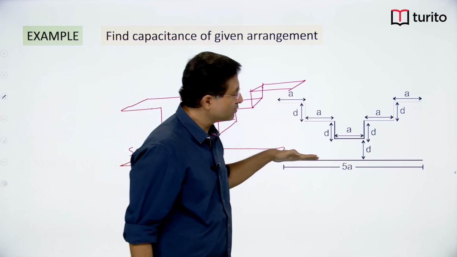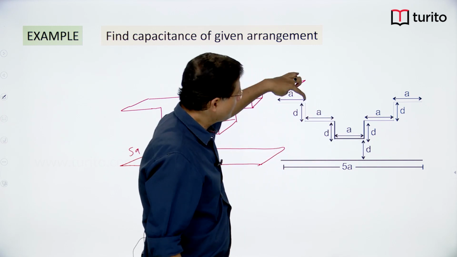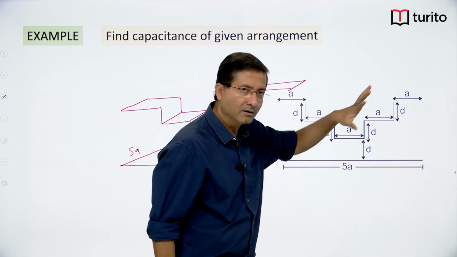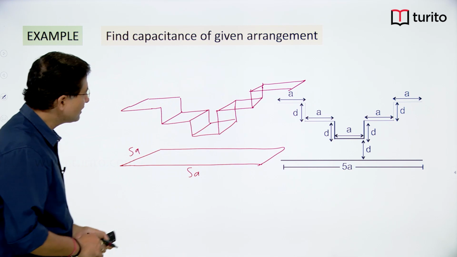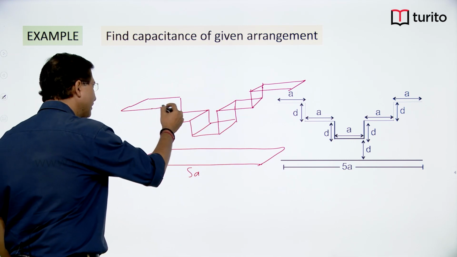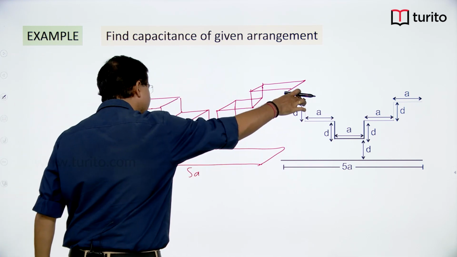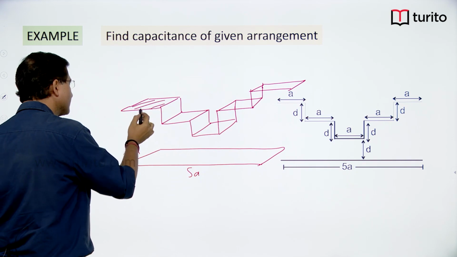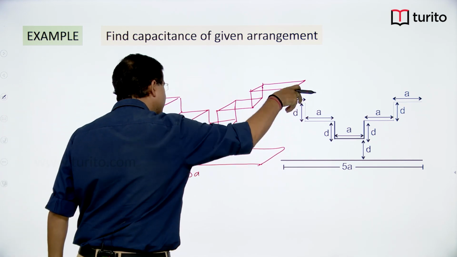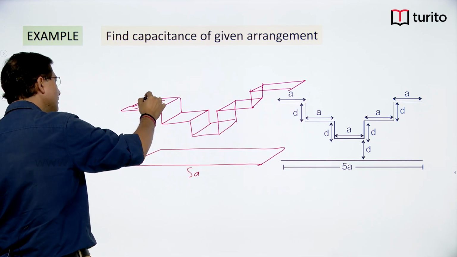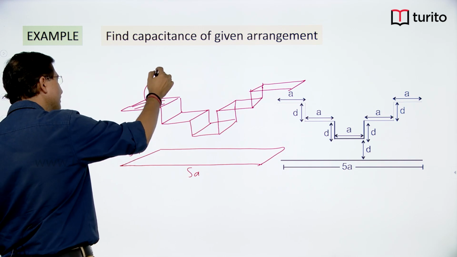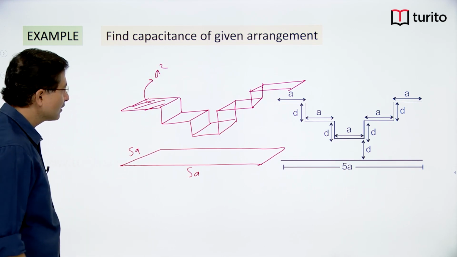So, this is 5A, 5A, right. That means the area of every part here, this part, this is A and the back side it is A. So, this area will be A square, right.